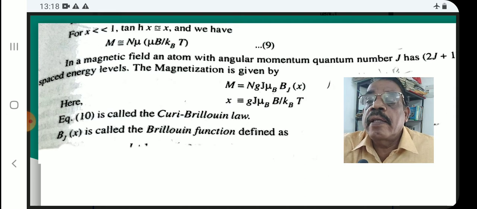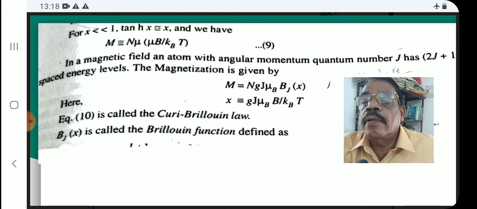Mu b, that b is a suffix; inside the bracket you have to write mu b suffix.